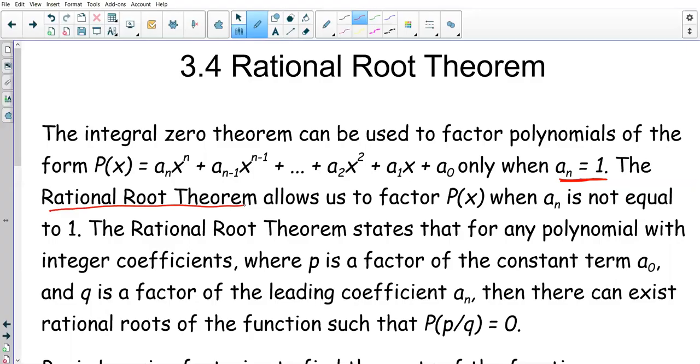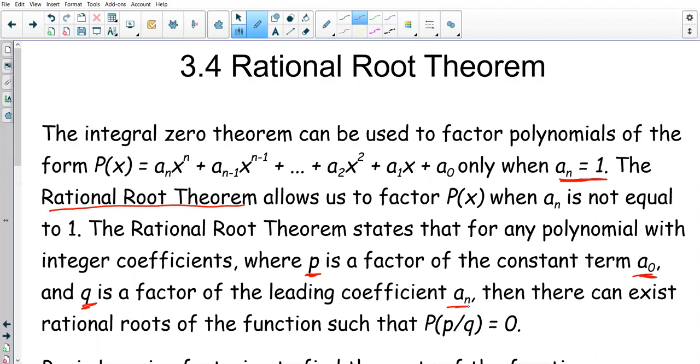And the rational root theorem allows me to factor any polynomial when the leading coefficient isn't 1. So what the rational root theorem tells us is that as long as I have integer coefficients, I'm going to look at p, where p is any factor of the constant term, and q, where q is any factor of the leading coefficient.